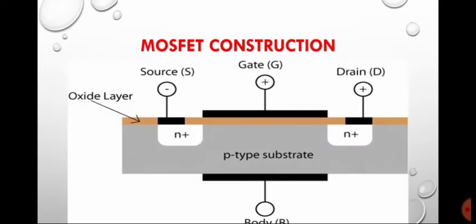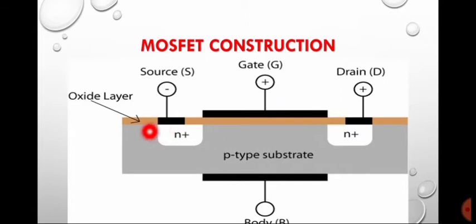How is it constructed? This shows the construction. The middle part is the substrate, so that substrate is given here, a P type substrate. The gray material is the P type substrate. In this substrate, two N type materials are doped.